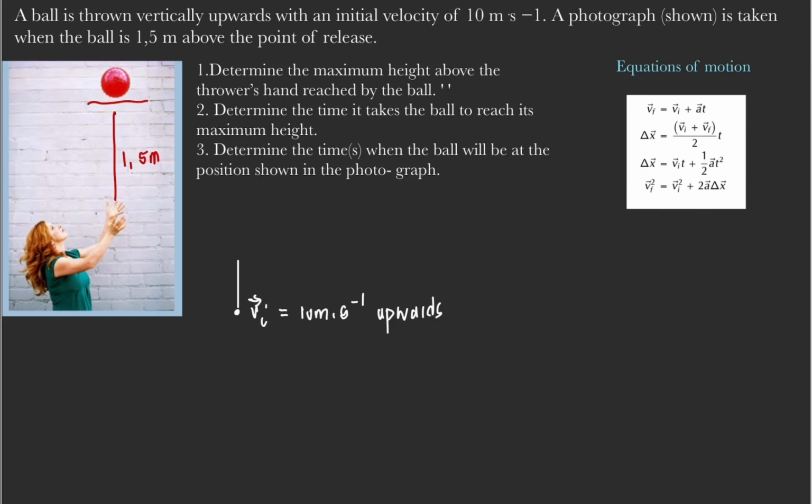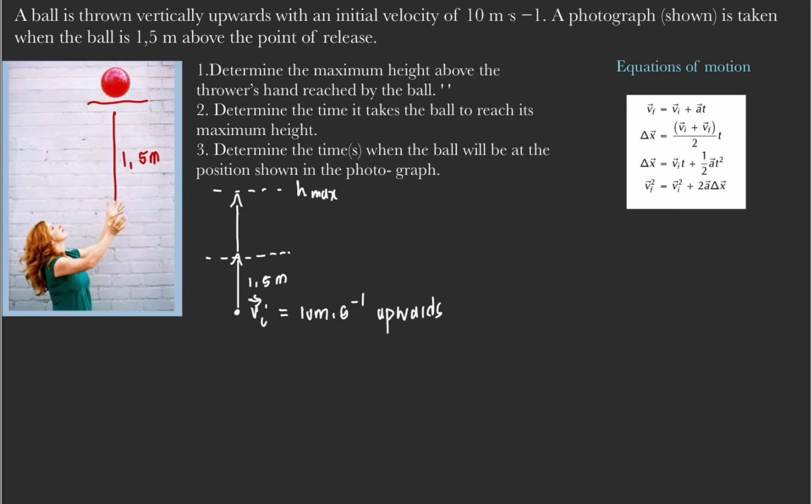So when writing this vector, you can just draw it like this and say that at this point it's your 1.5 meters, and then extend it further upwards and say that this is your H max, or maximum height.